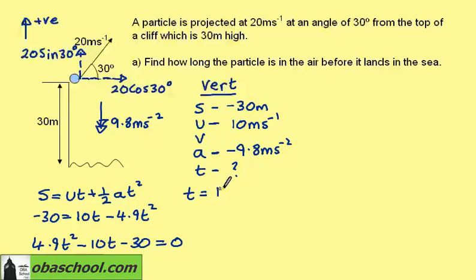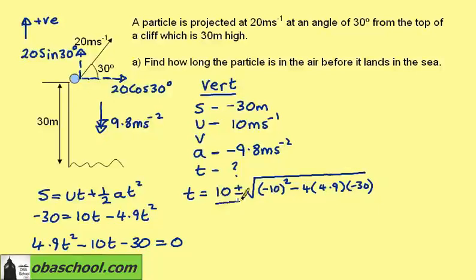We can use the quadratic formula to solve this, so we get 10 plus or minus the square root of minus 10 squared, take away 4 times 4.9 times minus 30, all divided by 2 times 4.9.